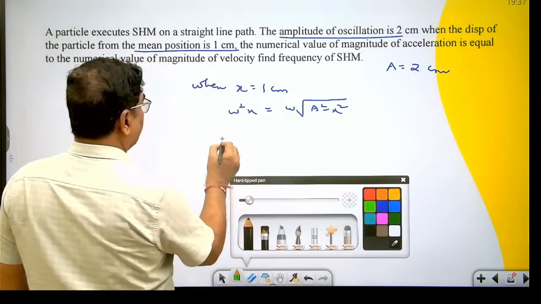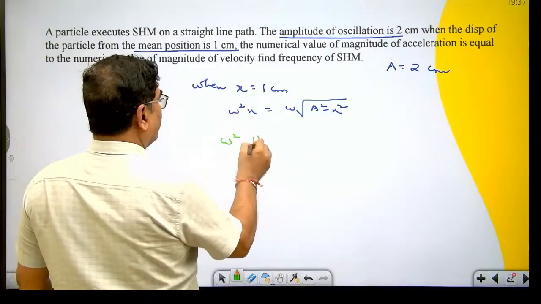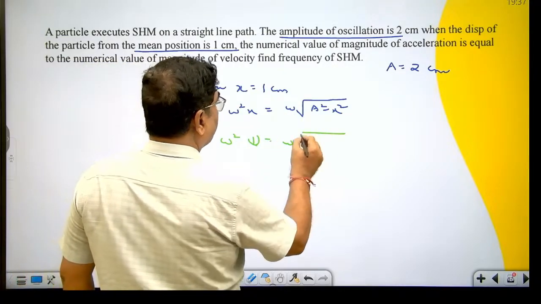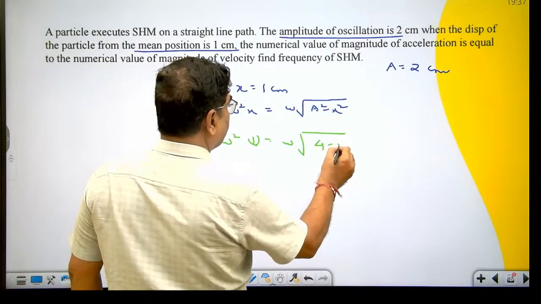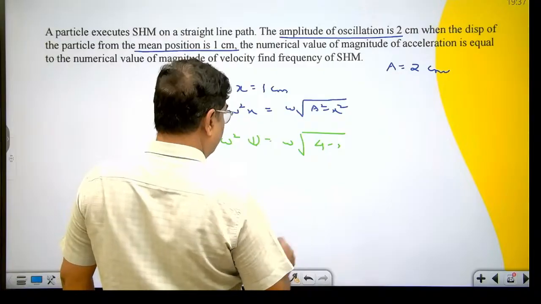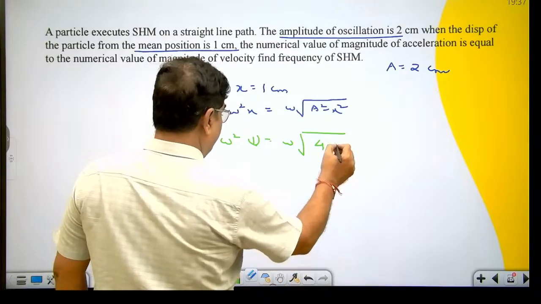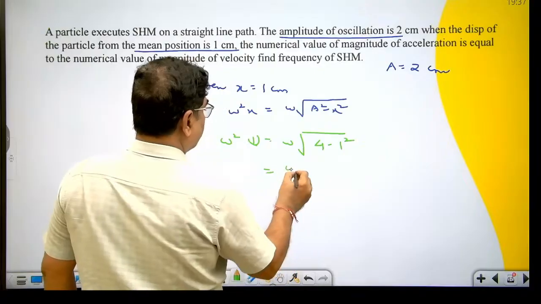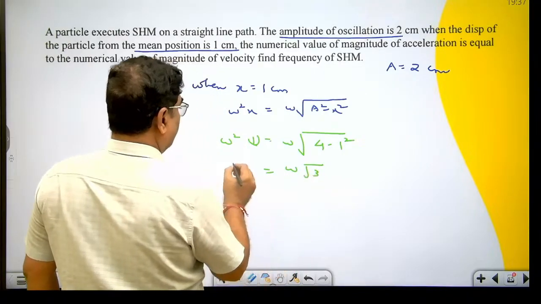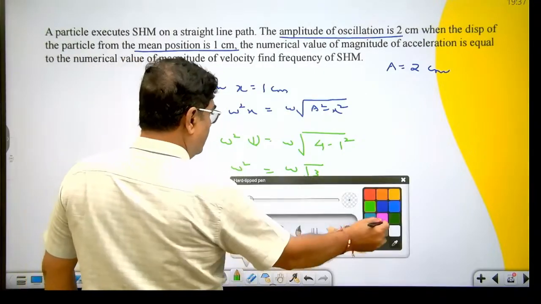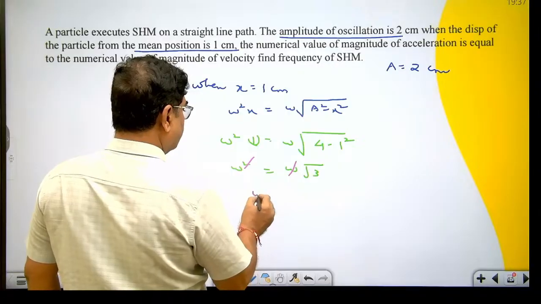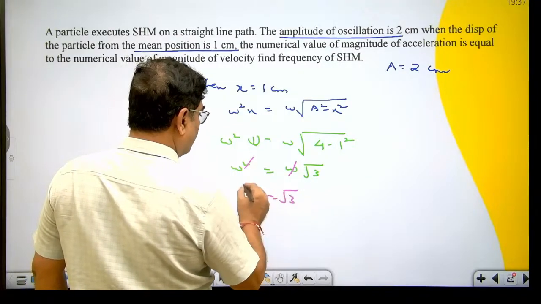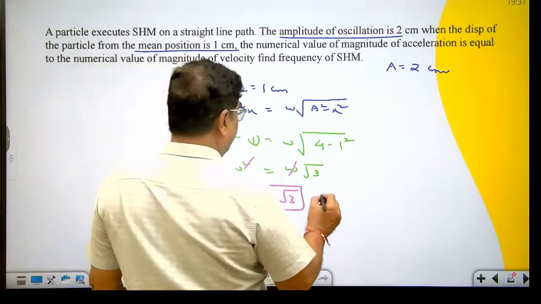So substitute the values: omega square into 1 equals omega root (a square is 4, minus x square, x is 1, 1 square means 1). This is omega root 3. This is omega square. So omega will get cancelled. So dear student, omega is root 3.